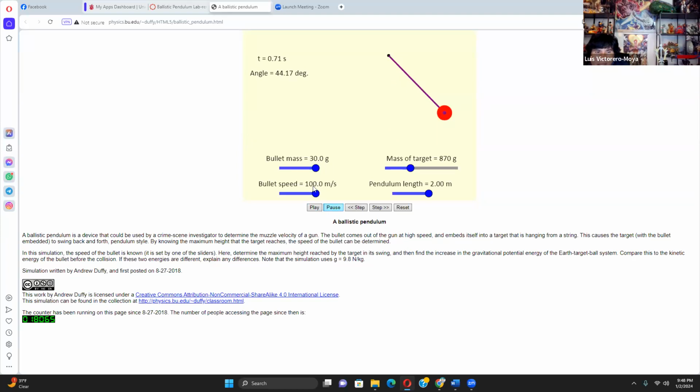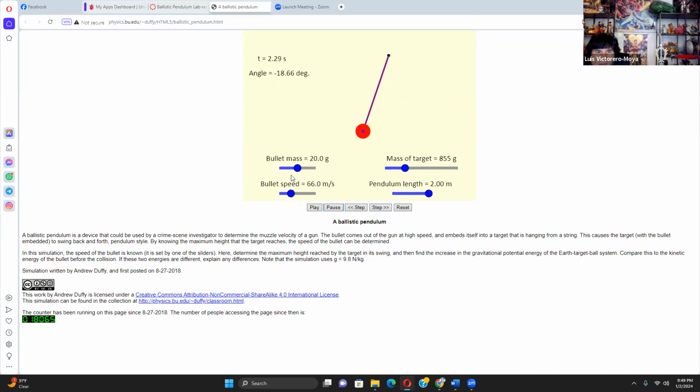Now, it's going to be harder the greater the speed, so you may want to make this not too much, like that. And then obviously the mass of the target is not as large in comparison with a bullet, so maybe I'll make this 20 grams, or like that. Let's see what happens. Okay, so that's kind of, but that's not enough, so let's reduce this a little bit.